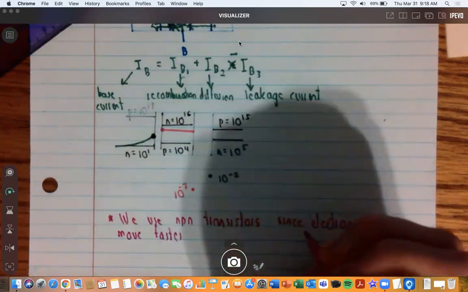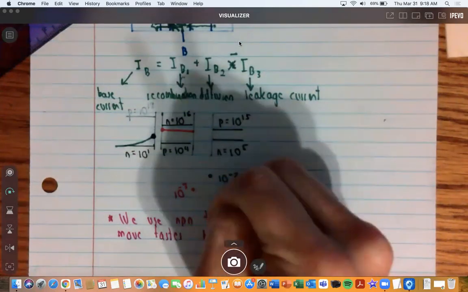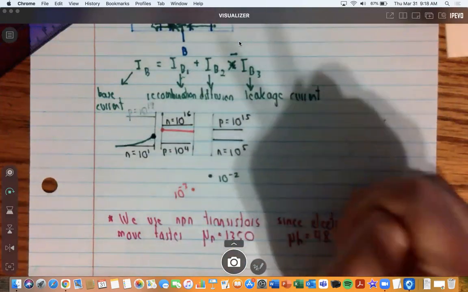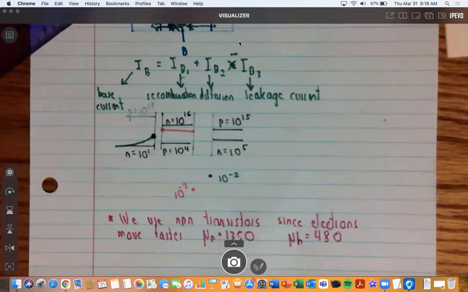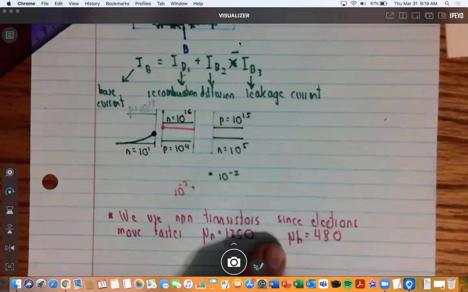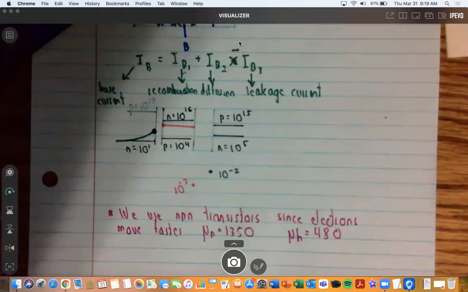Remember the mobility of holes versus the mobility of electrons. The mobility of electrons was like 1350, and the mobility of holes was like 480. There are some units to that, but I forgot them, and you probably did too. It just shows that electrons are more mobile than holes, and therefore they make better transistors, because charge carriers are moving at a faster rate. So it can happen faster. The amplification, if you're using a BJT, or a switching mechanism, the results you'll get will occur in a faster period of time.